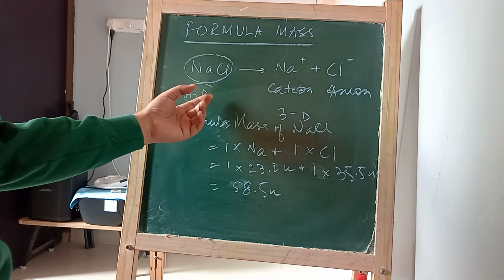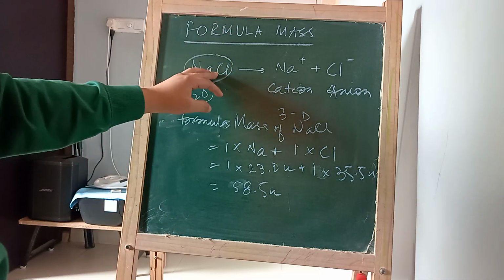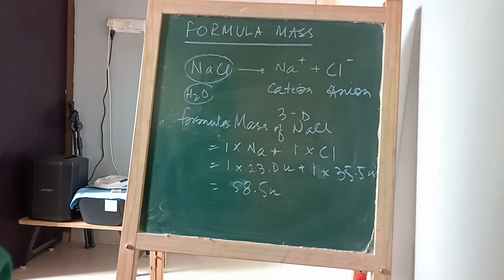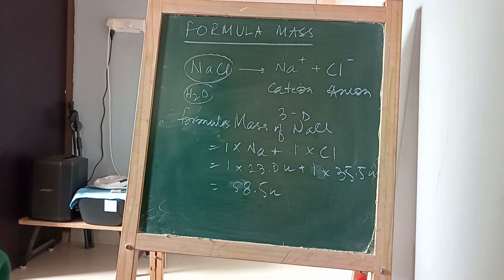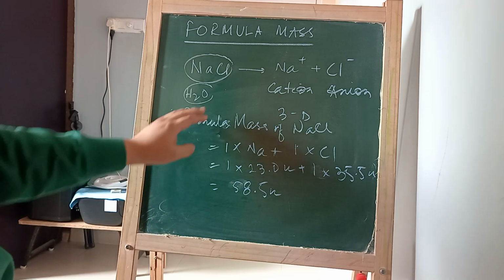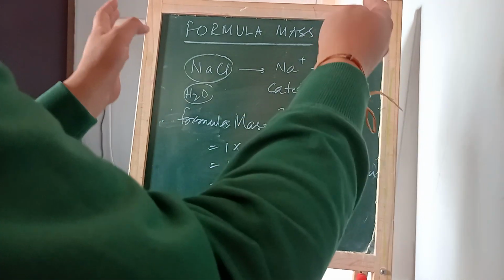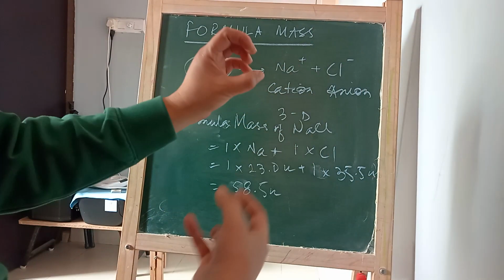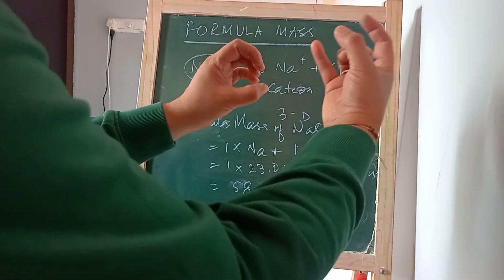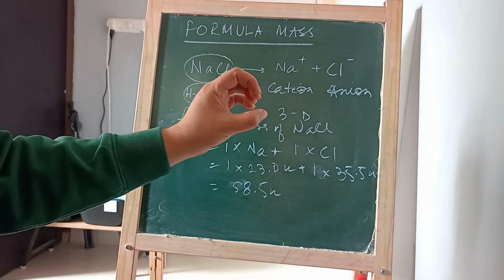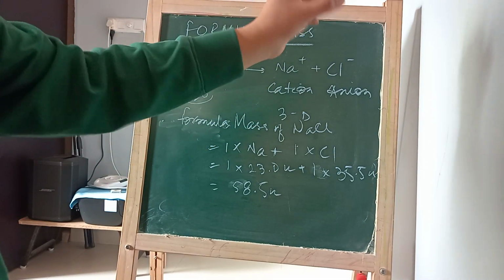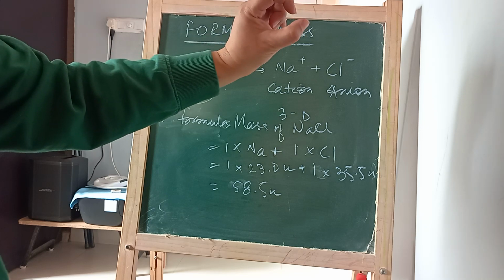If it contains molecules, then we'll say molecular mass, and if it contains ions, then we will say formula mass. Because the compound water exists as molecules, like one molecule of water, many molecules of water. So we are calculating the mass of one molecule, the molecular mass.